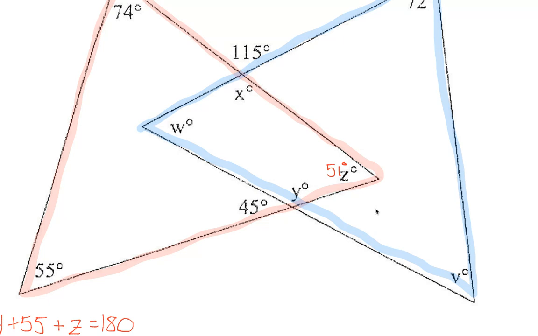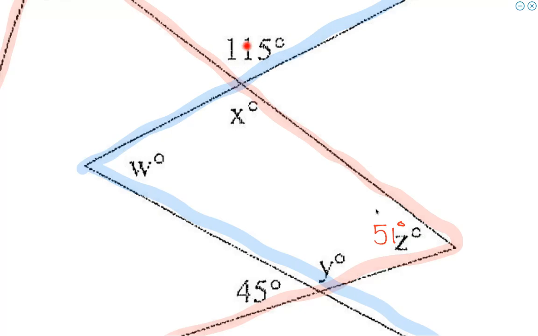Now, X is going to be a little bit easier for us to find because it is vertical to 115. So it is also 115.